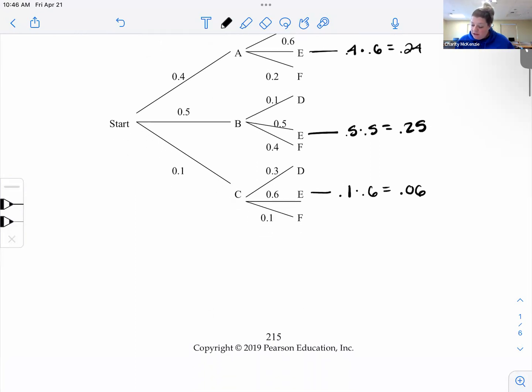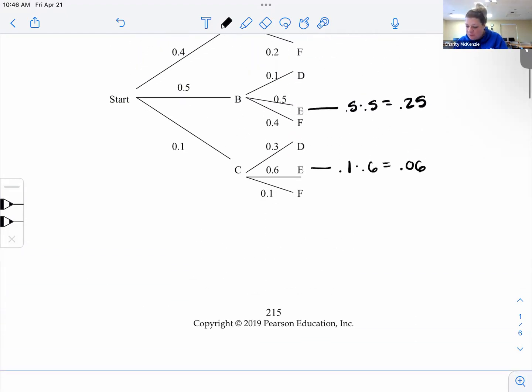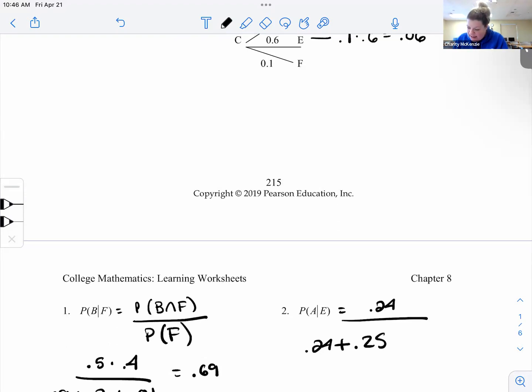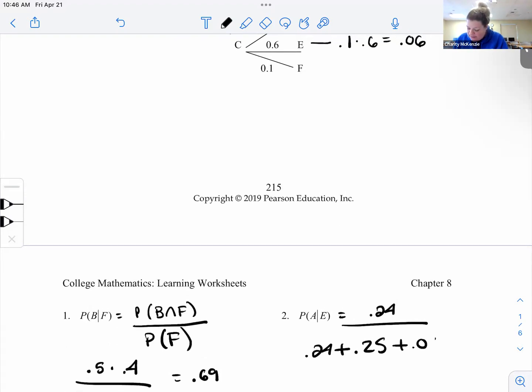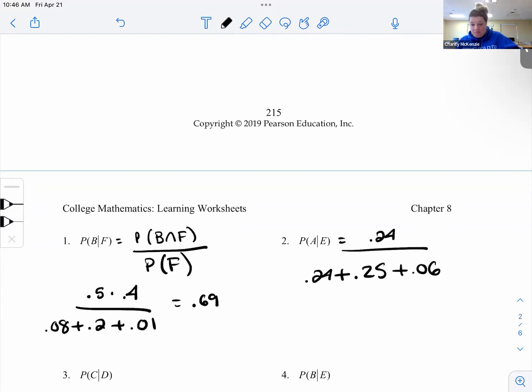We'll put the 0.24, where they both are, on top, over the 0.24 again, but we have to add it to the other 2 E ones, which were 0.25 and 0.06. Then calculate that out, and they say 0.44. Hopefully they did it right.